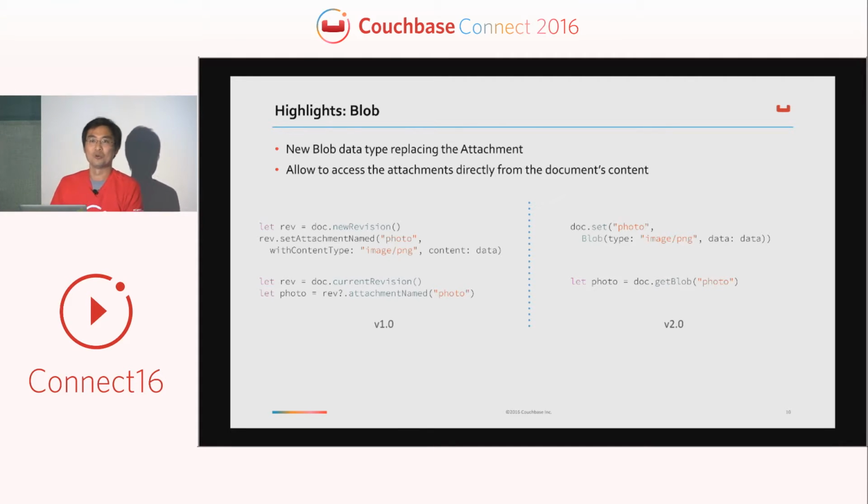But in 2.0, we are not going to differentiate between binary data and the other data types like string or number. We treat them the same. So if you want to set binary data, you create a new blob object, and then you do document.save. The same way, when you want to get the binary data, you do document.getBlob.